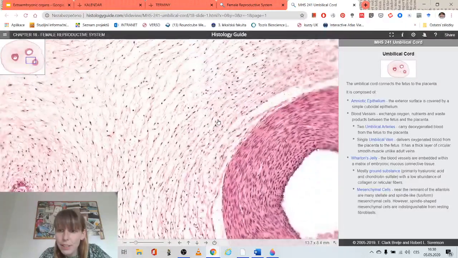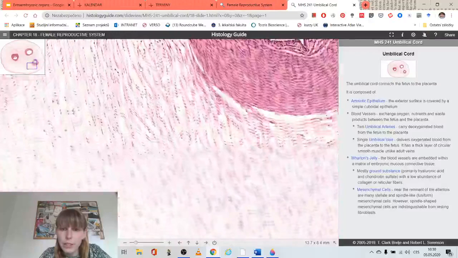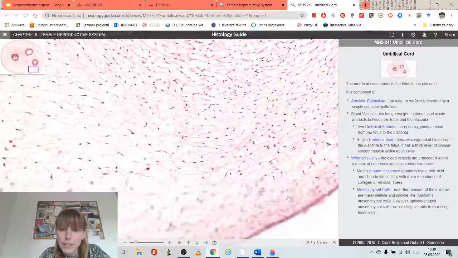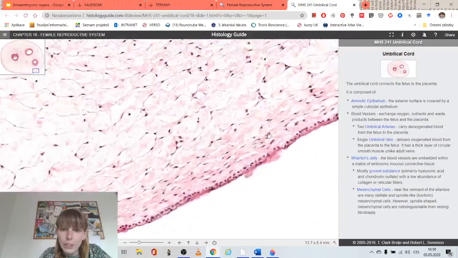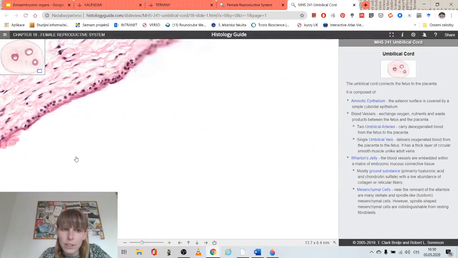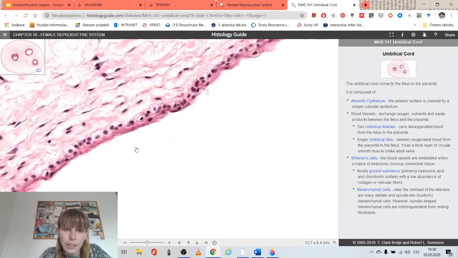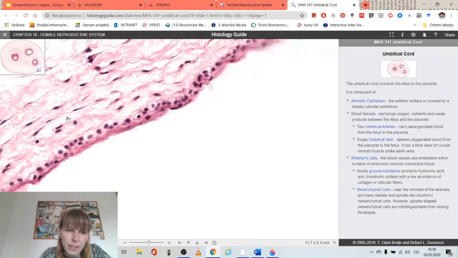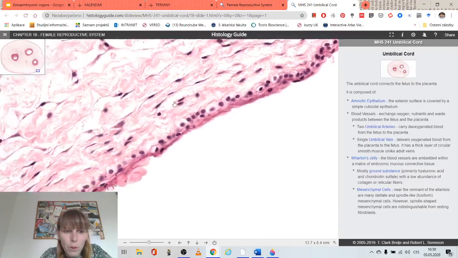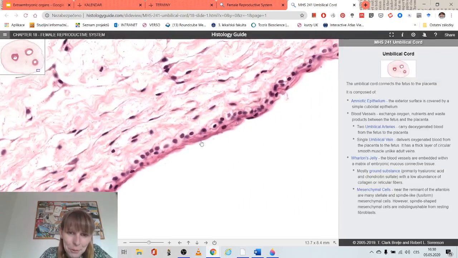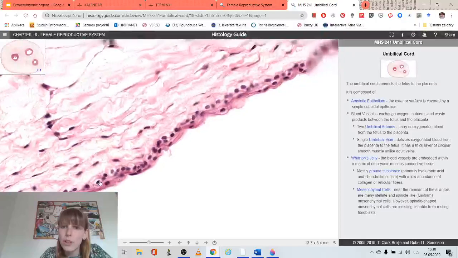And then we want to take a look at the surface as well. And here we see the amnioblasts. So it's more or less a simple cuboidal epithelium. So you see that the cell nuclei are round. So it's a cuboidal epithelium.